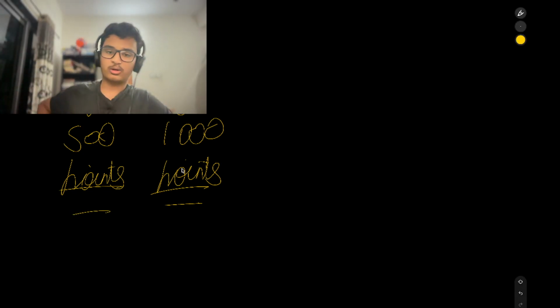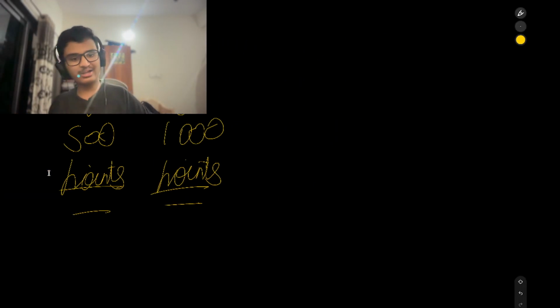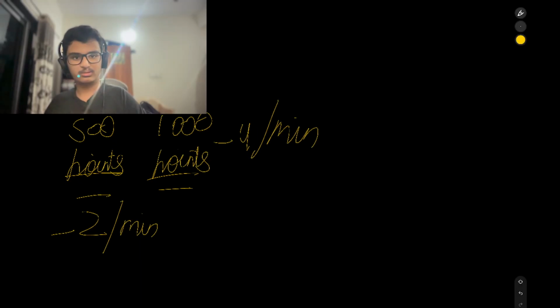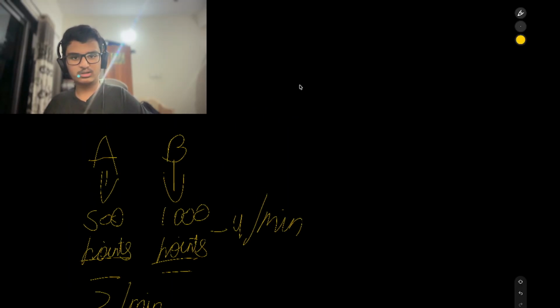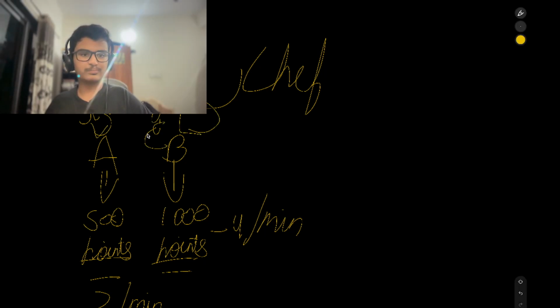Now our objective is that problem A reduces by 2 per minute, and problem B by 4 per minute, and the chef takes x to solve here and y to solve here.